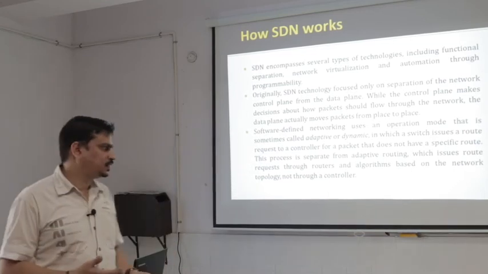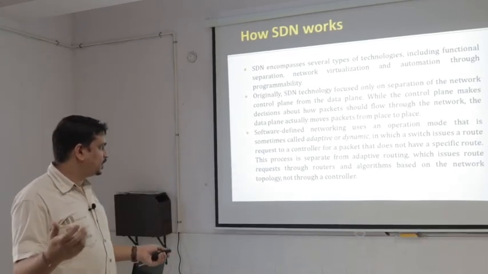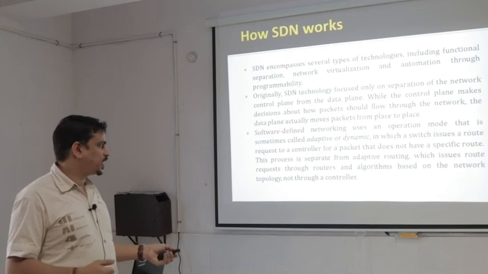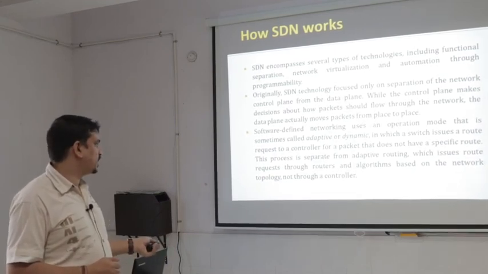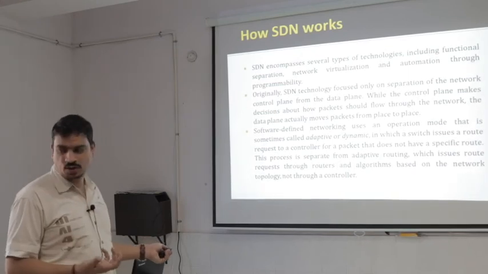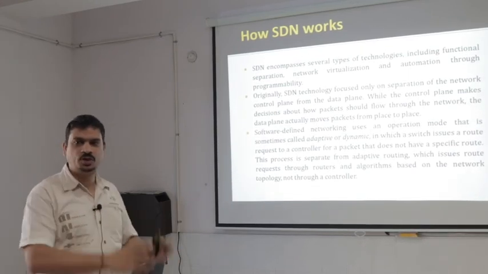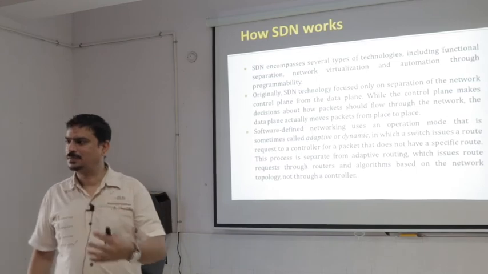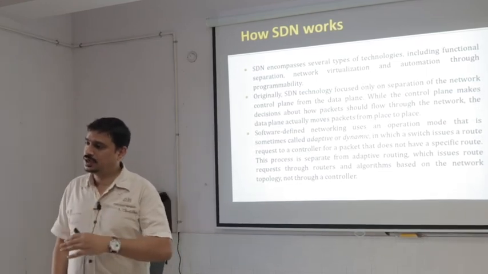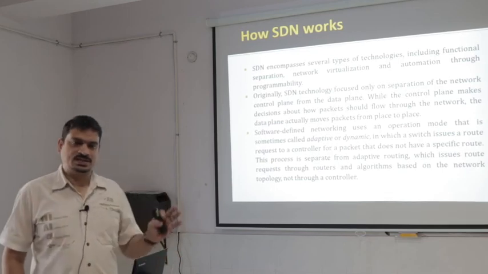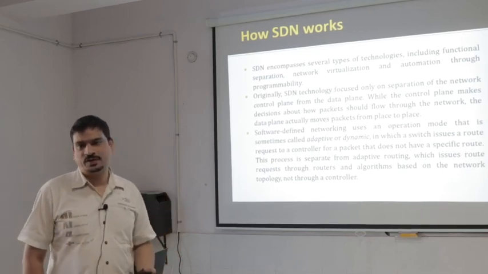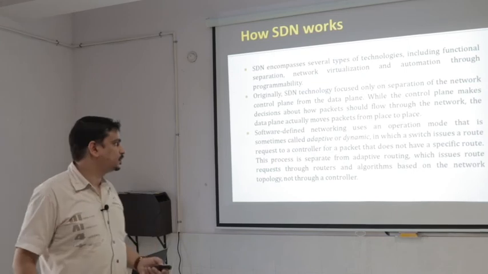So it is saying that in that particular manner, in an adaptive or proactive manner, route requests are issued through routers and an algorithm based on the network topology, not through the controller. So when we are making the decision based on the network topology, that is the adaptive one, and that also comes under the proactive type of algorithm. And this SDN is providing us reactive type of algorithms. Okay.